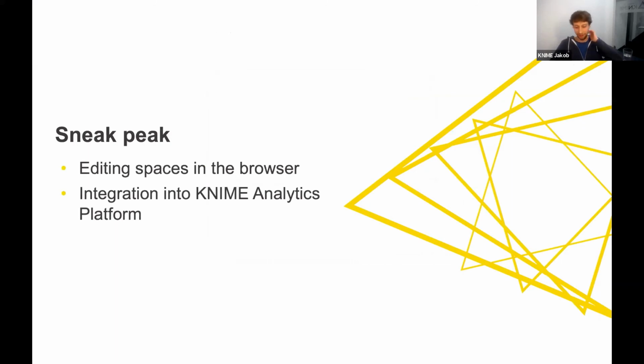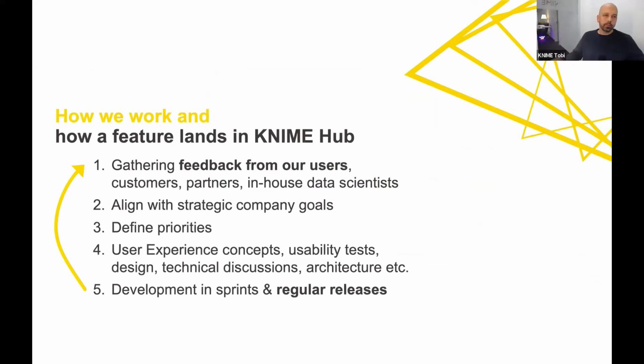Toby will now explain a bit how features actually land in KNIME Hub, so that you get an impression of how we work and how this goes. One thing we do, and we will always appreciate, and therefore are already very thankful for this opportunity, is that we try to stay as much in contact as possible with our users.